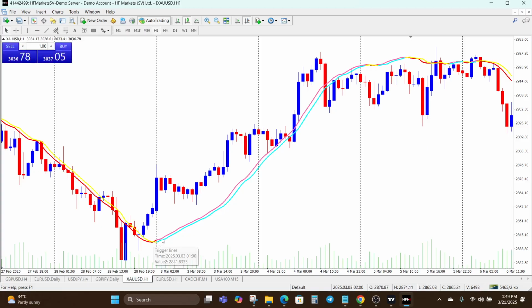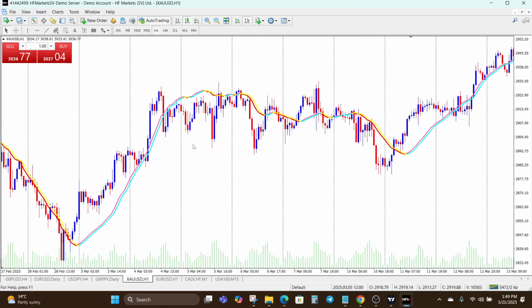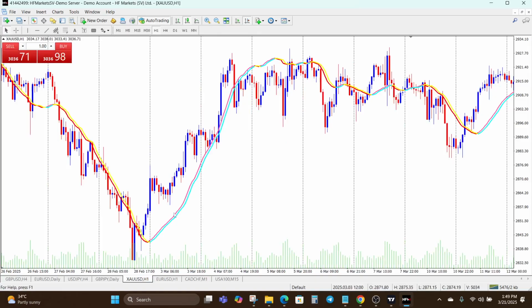This pink line and aqua line represent a bullish move. You have to wait for this color change, and then you wait for a bullish candlestick pattern to confirm the trend. Then you can enter a long trade once these conditions align.